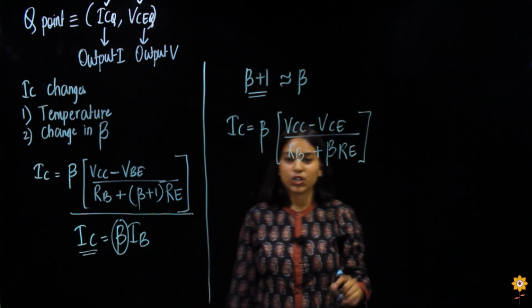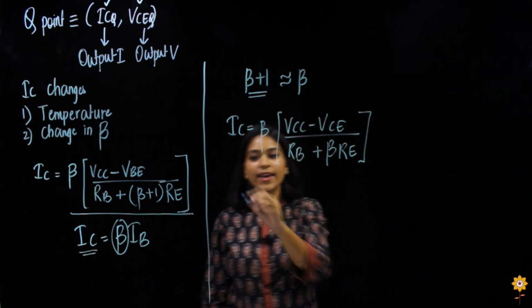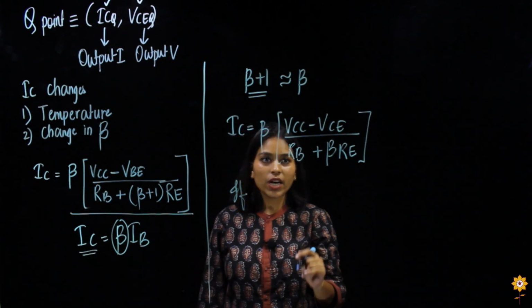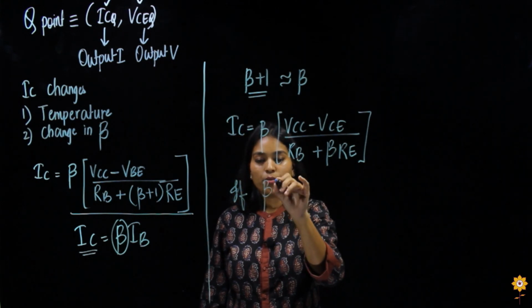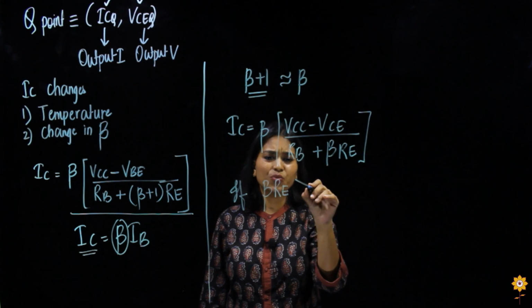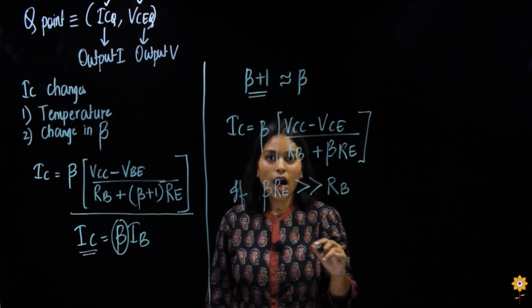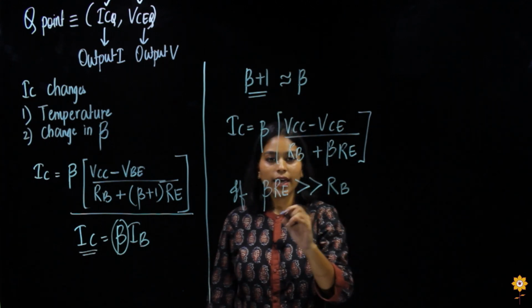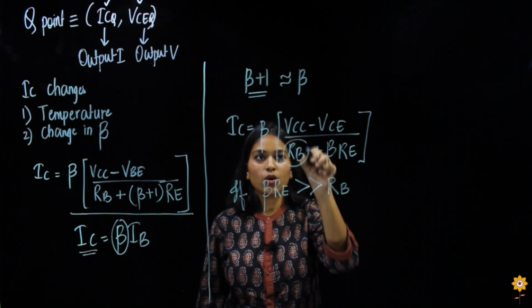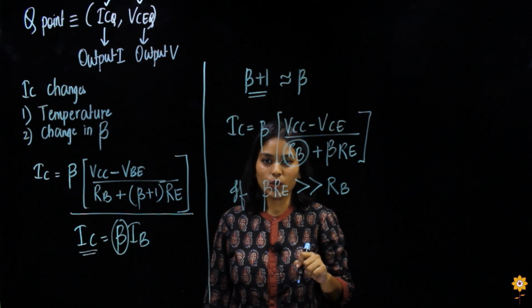Okay, so this is the equation that we get, and if we have an arrangement where beta RE is very much greater than the resistor RB, then we can neglect this value of RB from this equation.